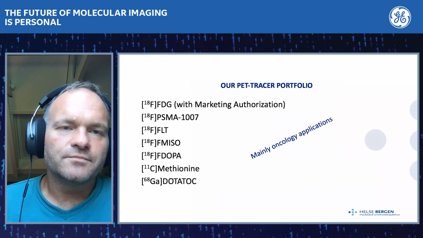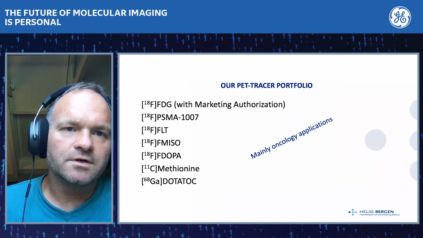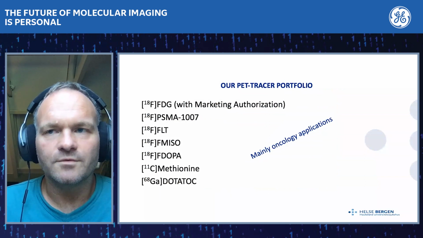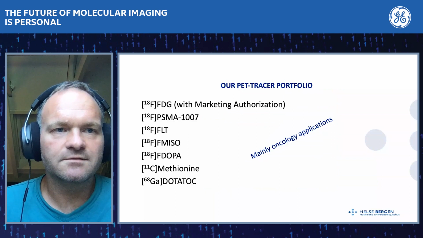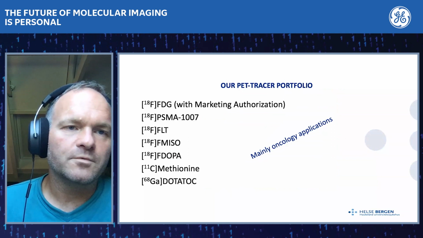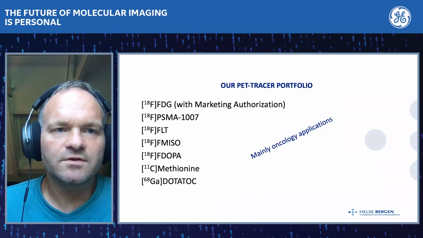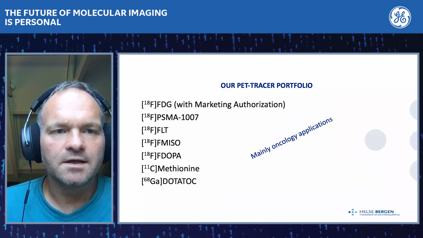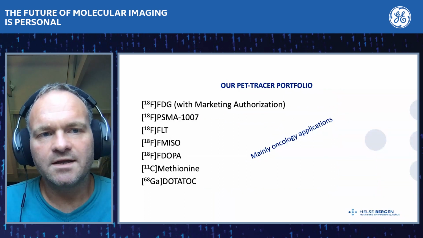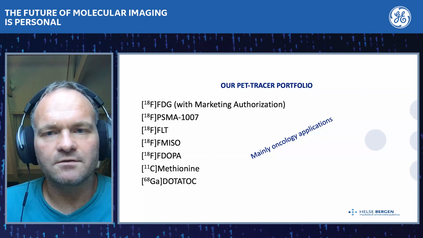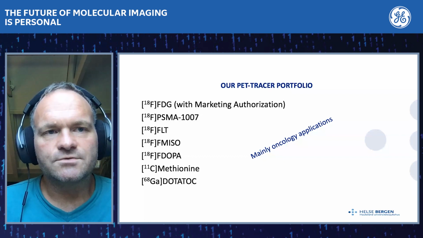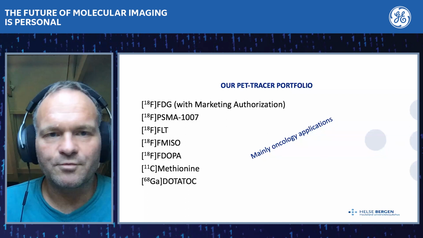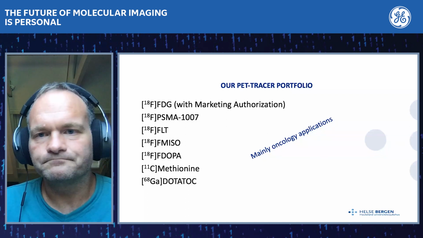So the current tracer portfolio is, of course, FDG, which we have with marketing authorization. If needed, we could then sell it. We produce PSMA-1007, FLT, F-MISO, F-DOPA, carbon-11 methionine, and also gallium-68 DOTATOC. Of these tracers, FDG is about 80% of the total load.